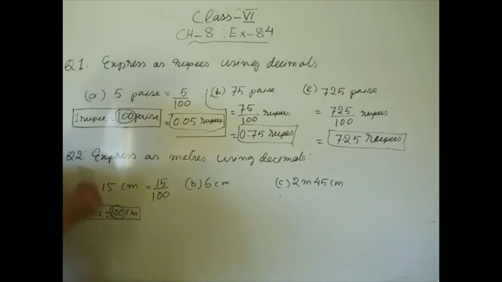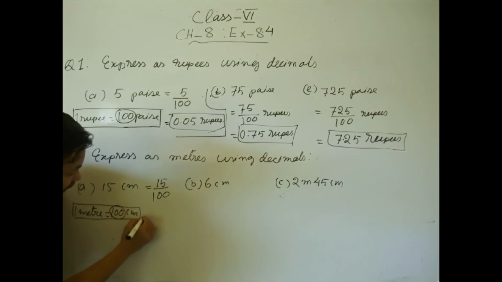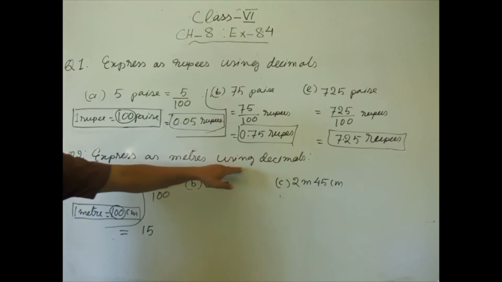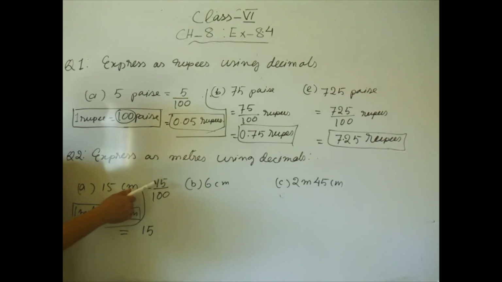Okay, 15 by 100. I'll just write here, it's equal to 15, because we have to take the decimal number of this given here. Using decimal, we have to find out the decimal here. To write the decimal of 15 by 100, there are 2 zeros, which means 2 decimal places must be there in the given number.